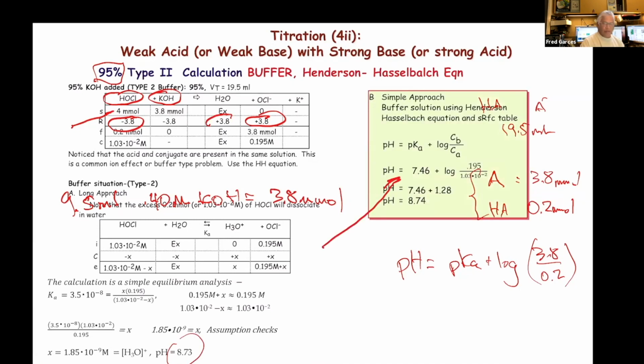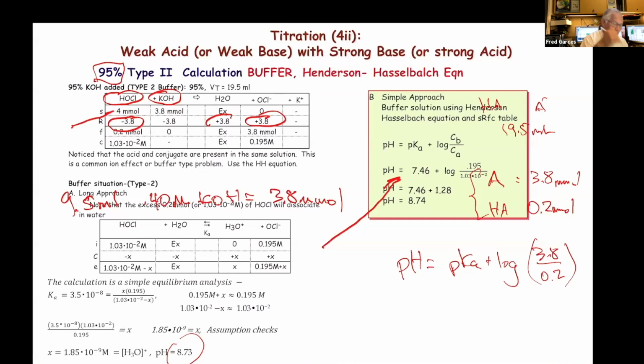Using the Henderson-Hasselbalch equation, I probably rounded off too much in one of these, but that's pretty close. As long as you have both pairs present in solution after the stoichiometry, you've got a buffer, so go straight to the Henderson-Hasselbalch equation. It'll save you grief.